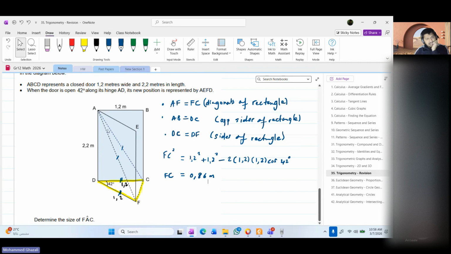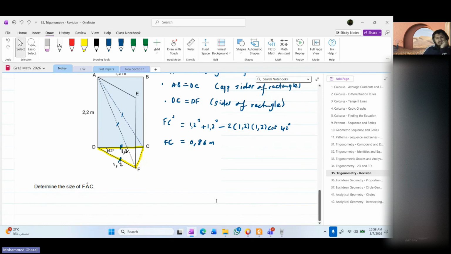The next thing is that we know that AC is equal to AF. And now how do we calculate AF or AC? To calculate AC or AF, that's diagonals of rectangle, and you know that is 90. So look at this.